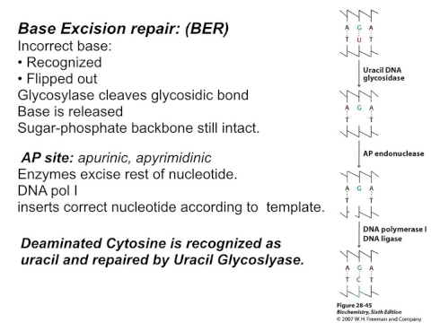It's either apurinic or apyrimidinic. In the case of uracil, it's an apyrimidinic site. Now enzymes are going to excise the rest of this nucleotide, and DNA Pol1 is going to insert the correct nucleotide according to the template. And that's base excision repair.